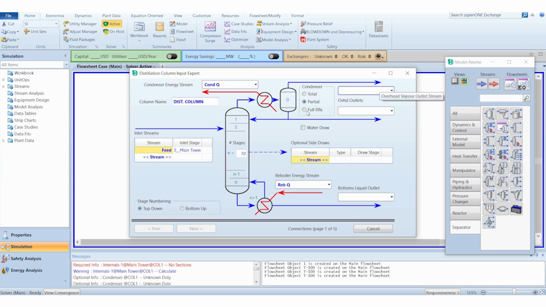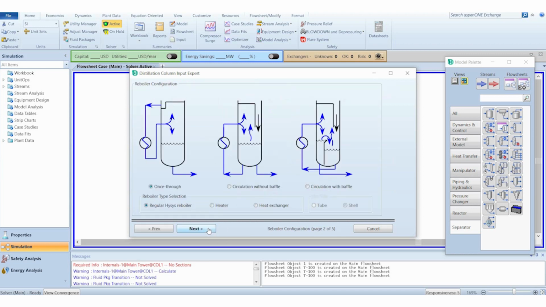Then indicate the type of reflux used. In our case, we shall use the full reflux. Then we specify the number of trays or stages our column shall have. Initially, we shall put 10.